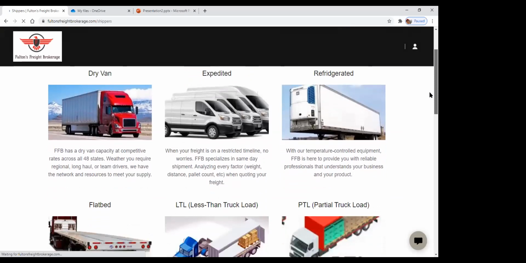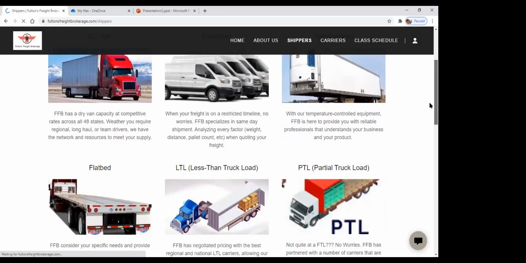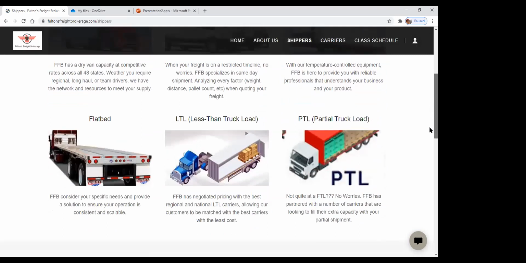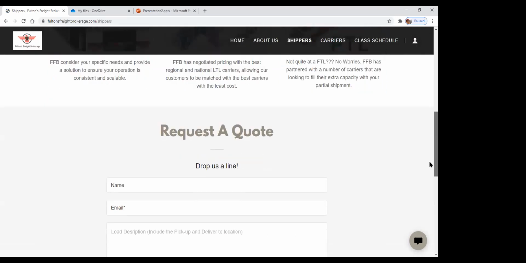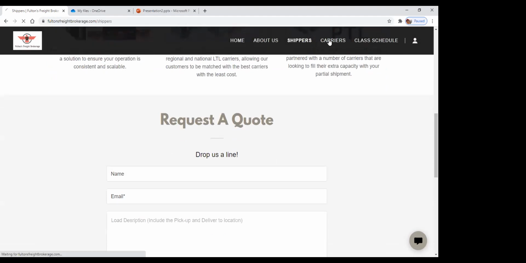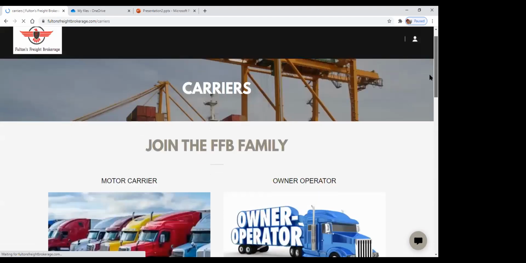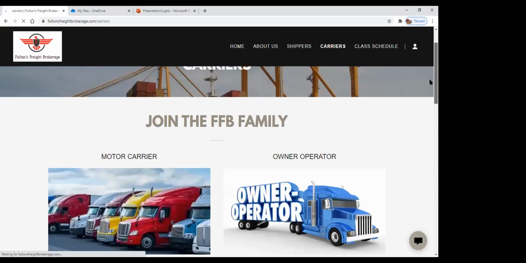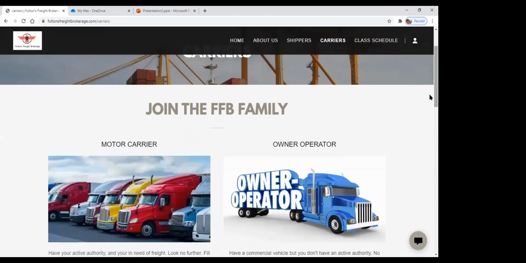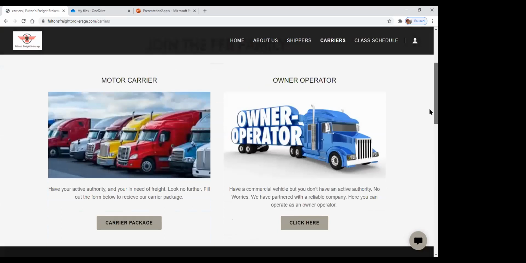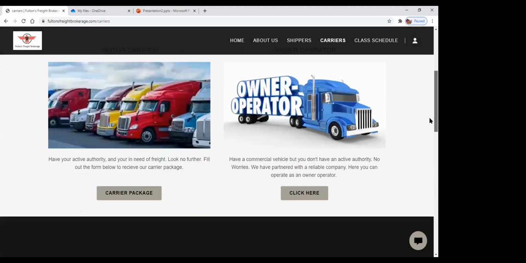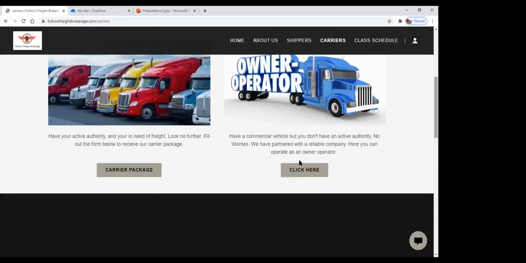And basically we just broke down the difference in trucking on this page. And then if you go to the carriers slide, it's an opportunity because we got a Fulton's Freight Systems page, which is the trucking side of the company, where we actually hire on 18-wheelers, vans, or whatnot. And so basically this slide right here is where you can click on, and it'll take you to our Fulton's Freight Systems website.